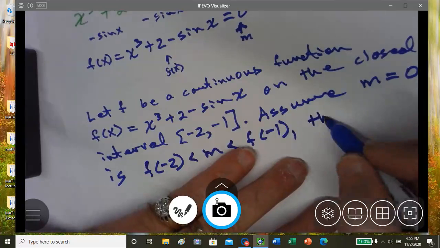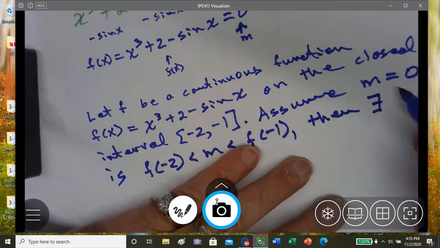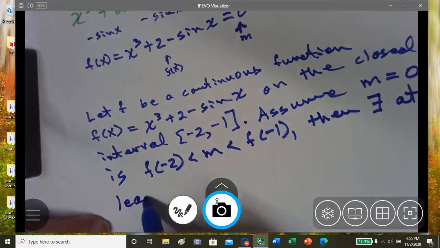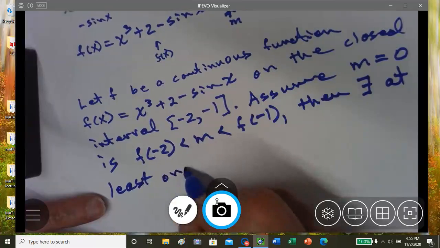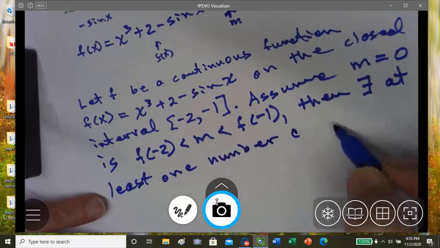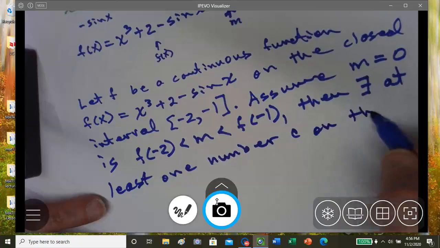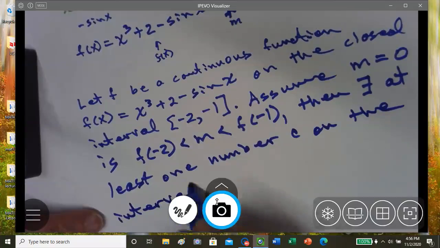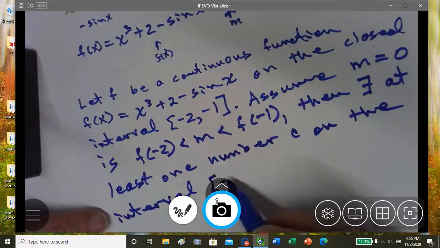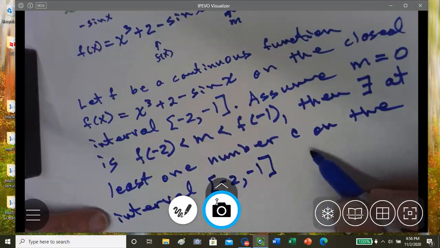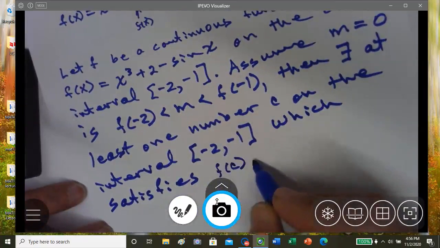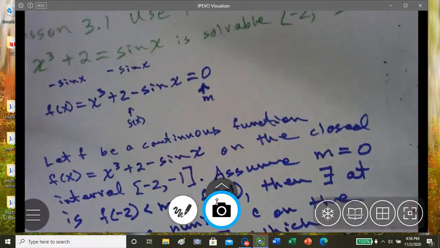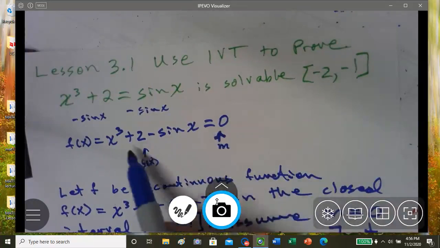Then there exists at least one number c on the interval from -2 to -1, which satisfies f of c equals m. In other words, that all this equals 0.